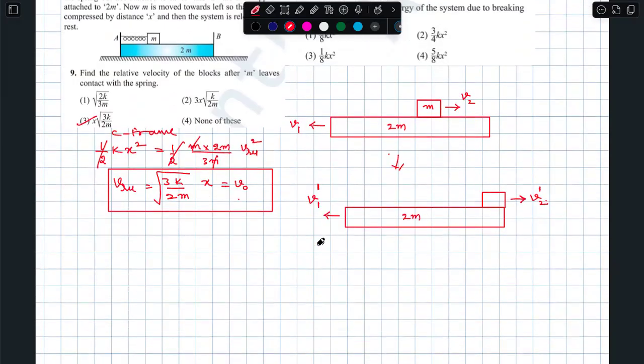Can I ask a question? For the whole system, is the momentum still conserved? Obviously, it's conserved.